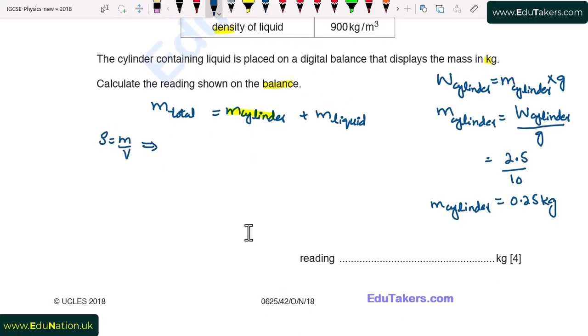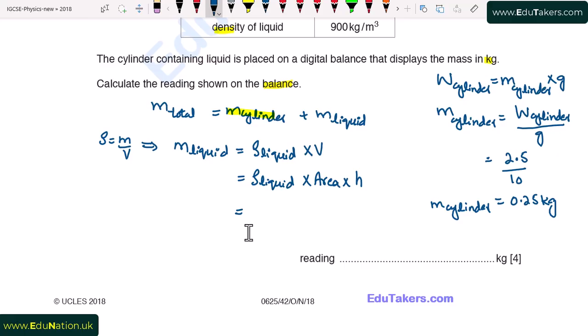By using this formula, the mass of the liquid will be equal to density of the liquid multiplied by volume. So here volume is basically the product of area and height or depth, both are the same thing.